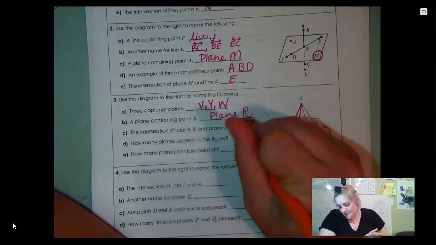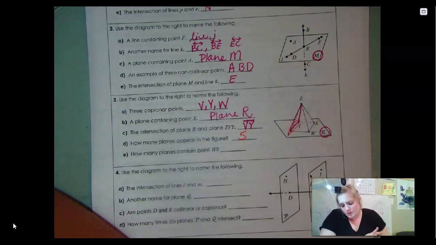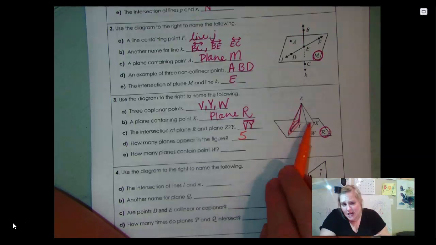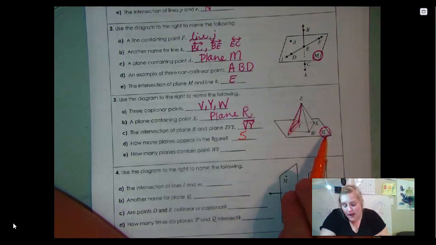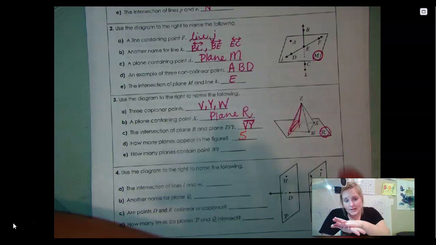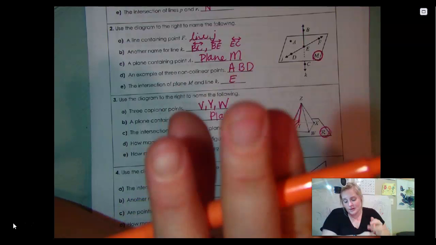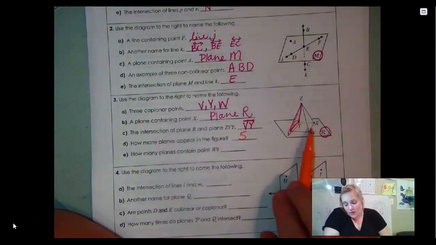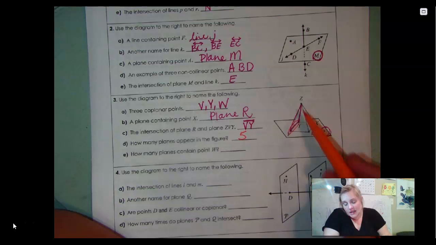Hey, this one on the bottom that's squared in, that's not separate from plane R. Okay, it's all there together. They are on the same piece, so therefore they're the same one. It counts as 1. So that's why there's only 5. 1 for each side of the pyramid, and then the bottom down there would be another one.